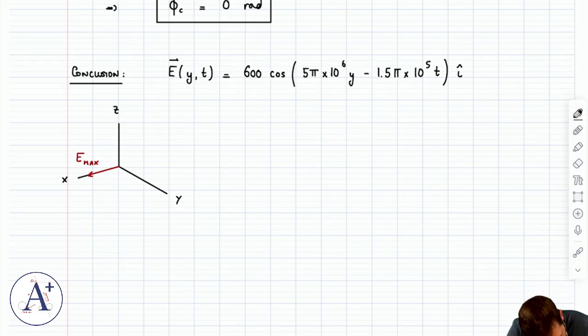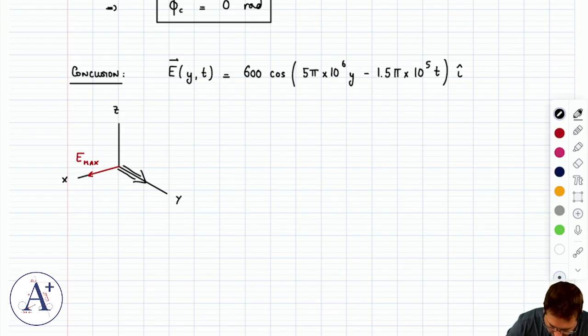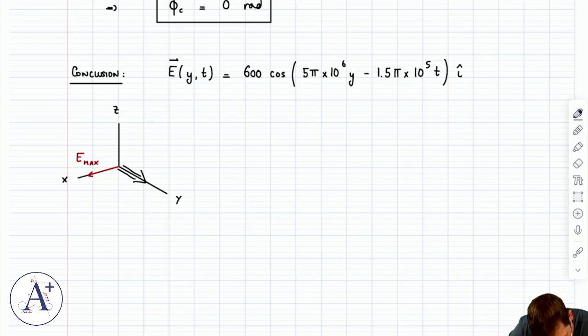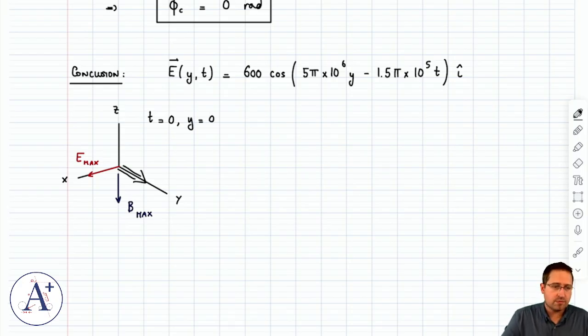I know also that propagation occurs in the y direction. So by the right-hand rule, I need to find B so that propagation is in that direction. My forefinger has to be along E max, middle finger along B max, and my thumb will be along propagation. Now, hopefully you agree that then at t equals 0 and y equals 0, B max is going to be along minus Z. Okay.